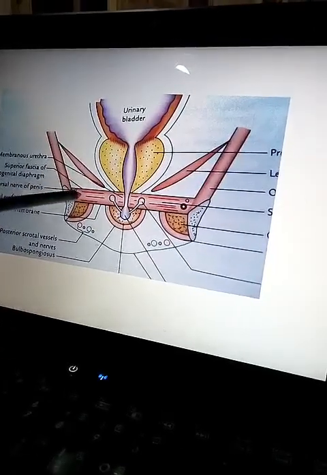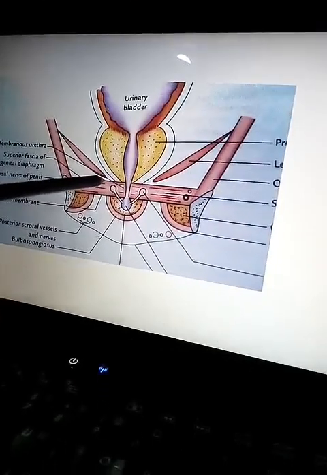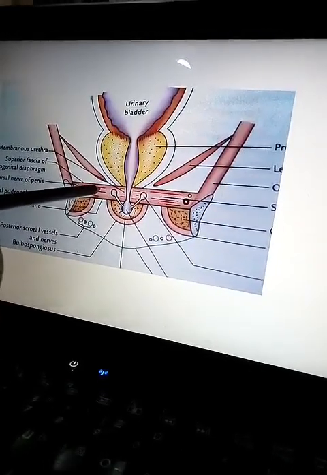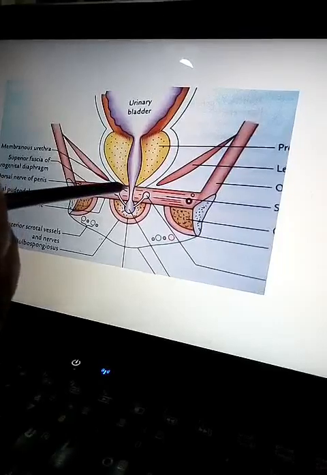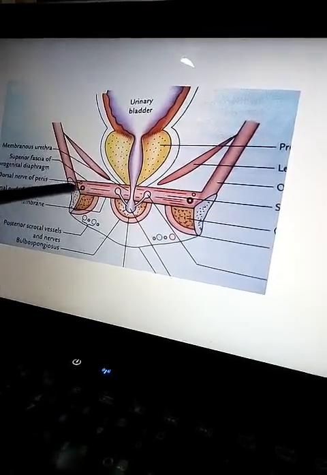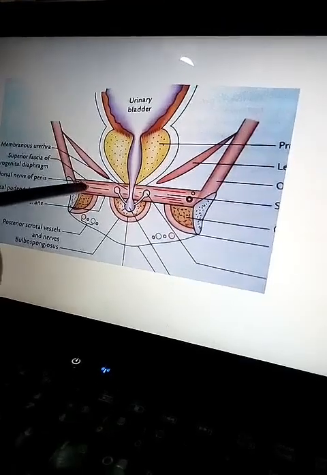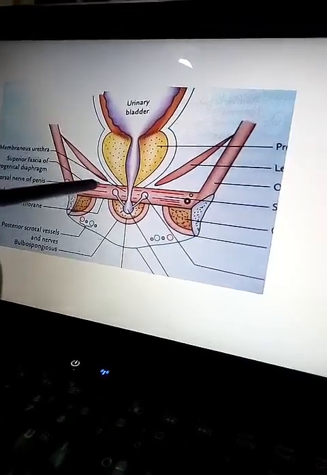Another content is the deep transverse perineal muscles. Deep transverse perineal muscle is situated posterior to the sphincter urethrae on each side. It arises from the ramus of the ischium and is inserted into the perineal body.